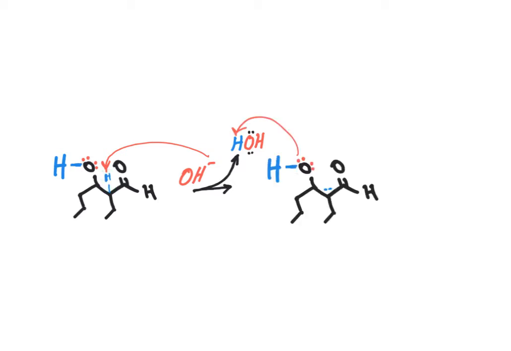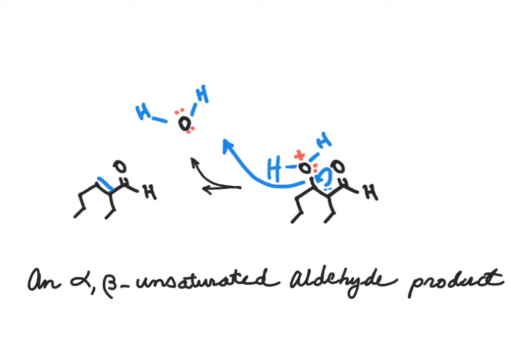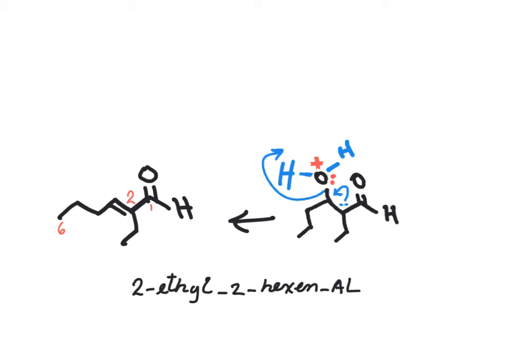The enolate form will trigger the removal of a molecule of water, but the hydroxyl group is a very poor leaving group, so it will need to be protonated to produce an alpha-beta unsaturated ketone, or an alpha-beta unsaturated aldehyde. In this example, our product is 2-ethyl-2-hexenal, which is an alpha-beta unsaturated aldehyde.